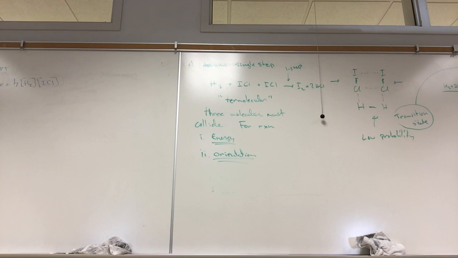If we double the concentration of that left ICl, it should double the rate. And then we have the right ICl. And so in other words, this should be k[H2][ICl] squared. Because when we double the ICls, we're going to double both the left and the right, and so the collisions quadruple.